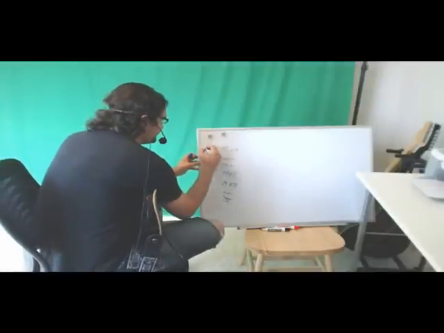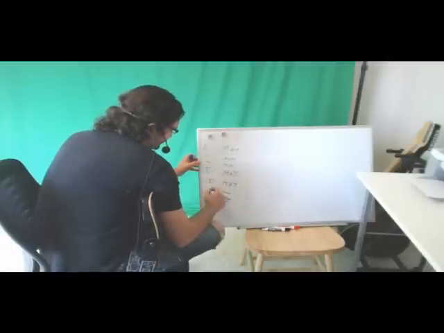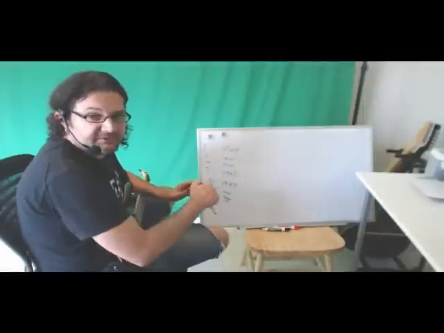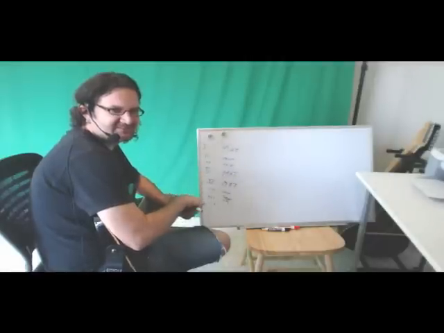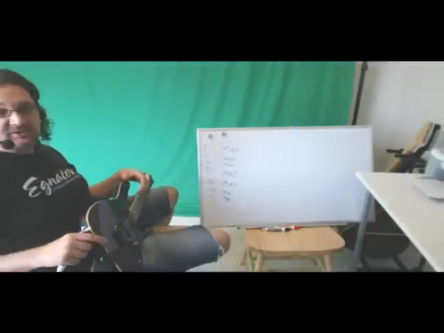This would be Ionian, the 1, the 2, the 3, the 4, the 5, the 6, and the 7. You're familiar with that, right? Just to confirm, that makes sense? Good, great.